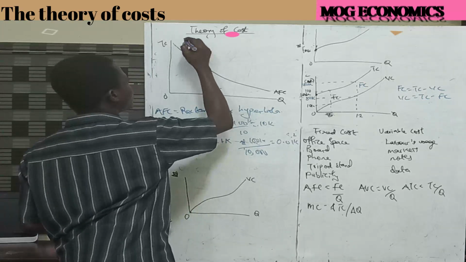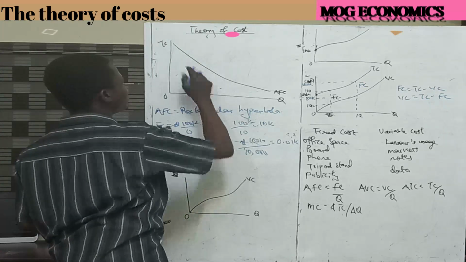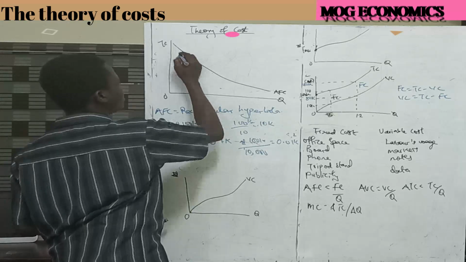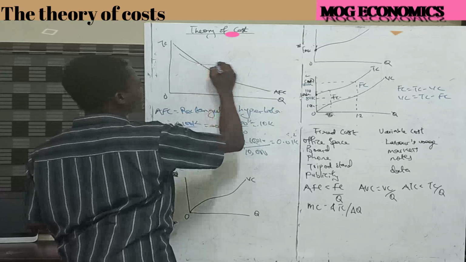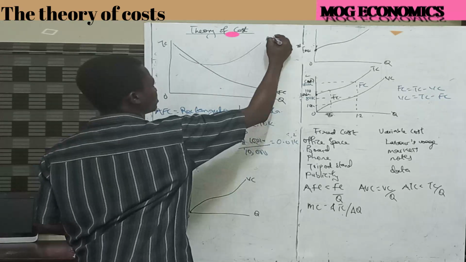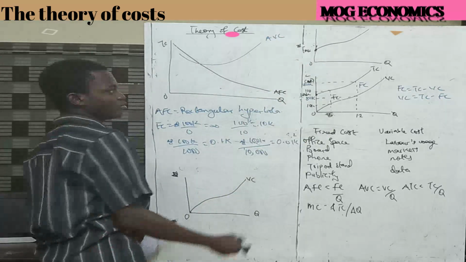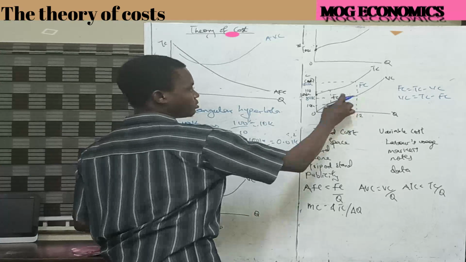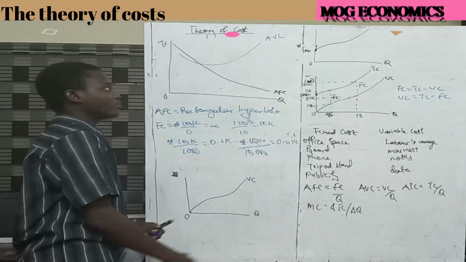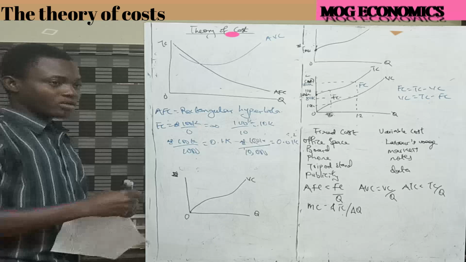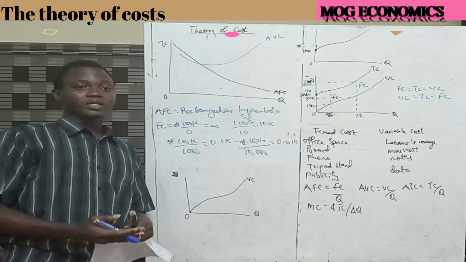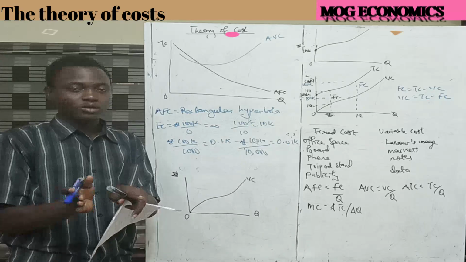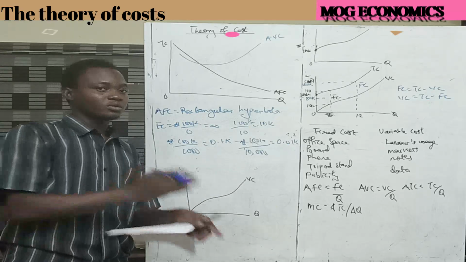Let me say your average variable cost. Your average variable cost is U-shaped. At first, because of excess capacity, the average variable cost is falling as you're adding a variable factor to a fixed factor.